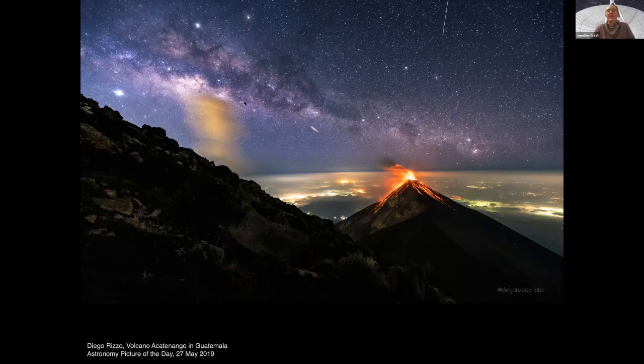And one of the things that has always struck me about looking up at the night sky is that everything we see with our eyes is part of our Milky Way, with a couple of exceptions. But by and large, all of the stars that we see in every direction in the sky are part of our Milky Way galaxy.